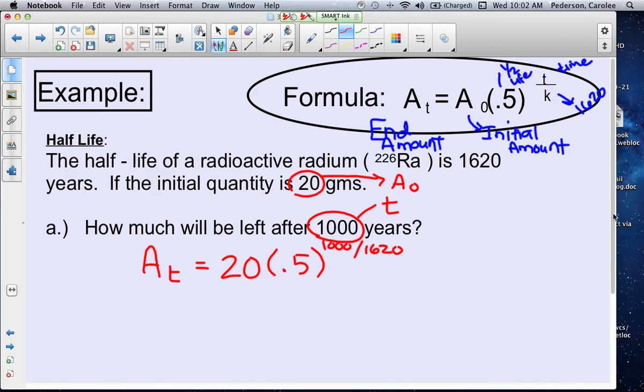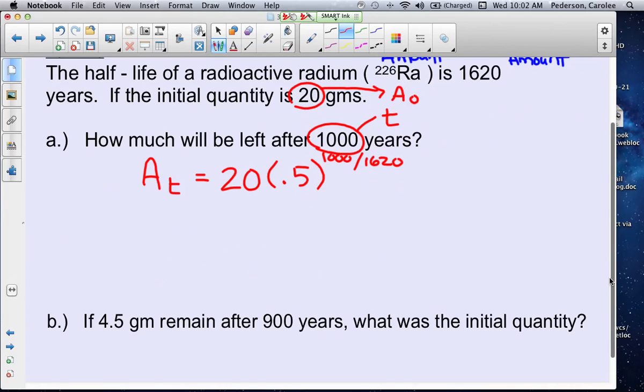So now we would use our calculator. I tend to do the exponential first, and then I go back and multiply it by 20, because PEMDAS says we do our exponents first, then our multiplication. So I would say 0.5 raised to the 1,000 divided by 1620, and put parentheses around the exponent in your calculator. Do you get approximately 0.65189?